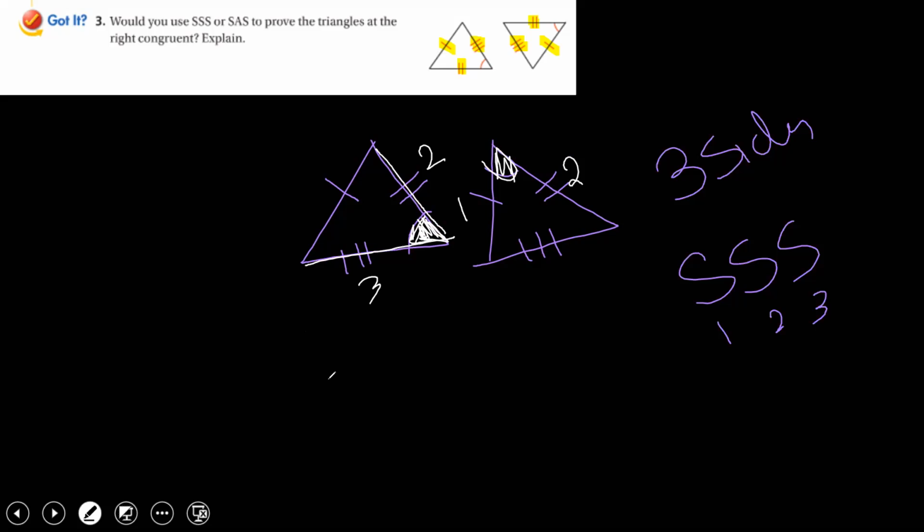Are they the same? Is the first angle like the second angle? No, the first one is between side 2 and side 3, and the second angle is between side 1 and side 2. They are not the same. Can I use now SAS? No. Why? Because they are not the included angle.